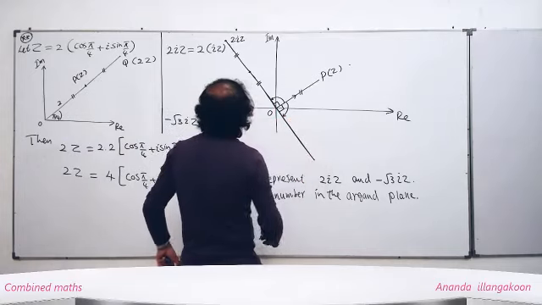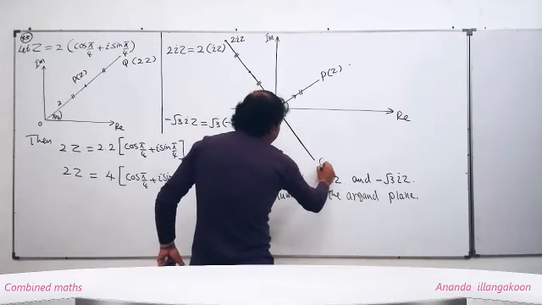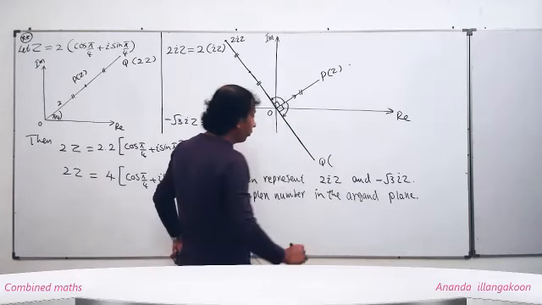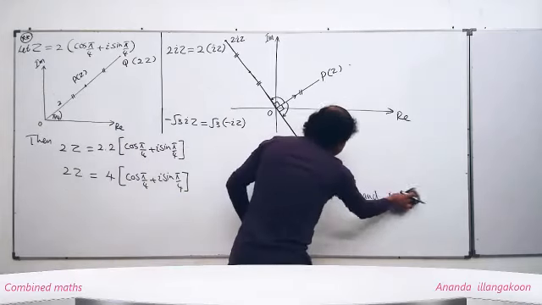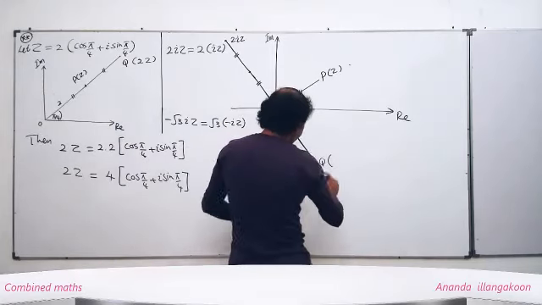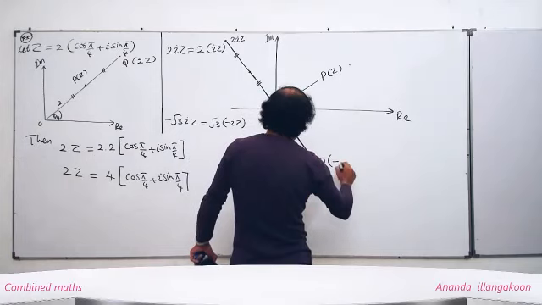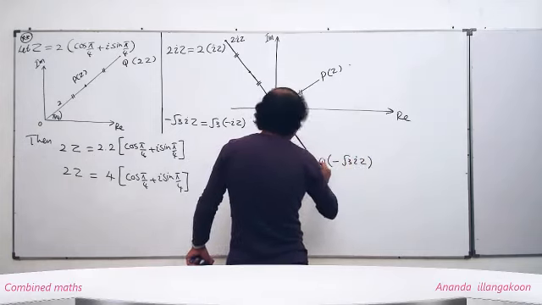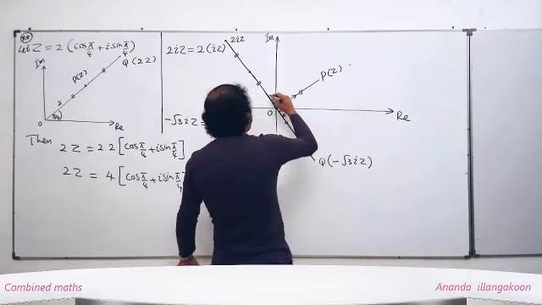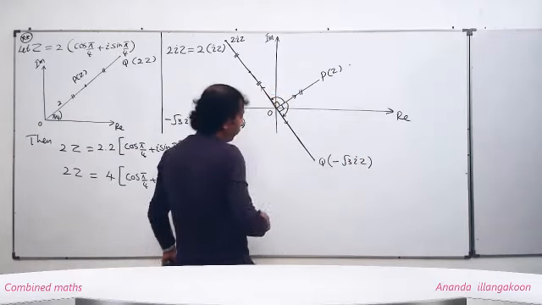Let this be, people, point Q. Point Q represents what? Minus root 3 iZ, right? This way, like this.